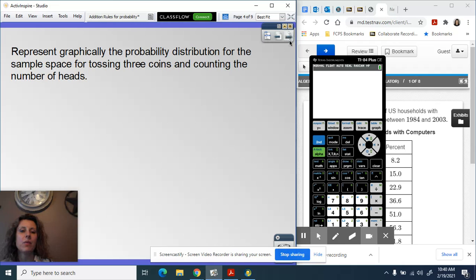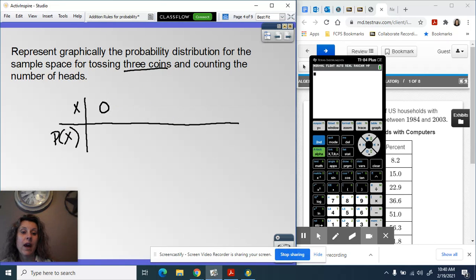Okay, the next example that we're going to take a look at is tossing 3 coins and counting the number of heads. So if we think about our x values representing the number of heads that we could toss if we toss 3 coins, we could get 0 heads, we could get 1 head, 2 heads, or all 3 heads.